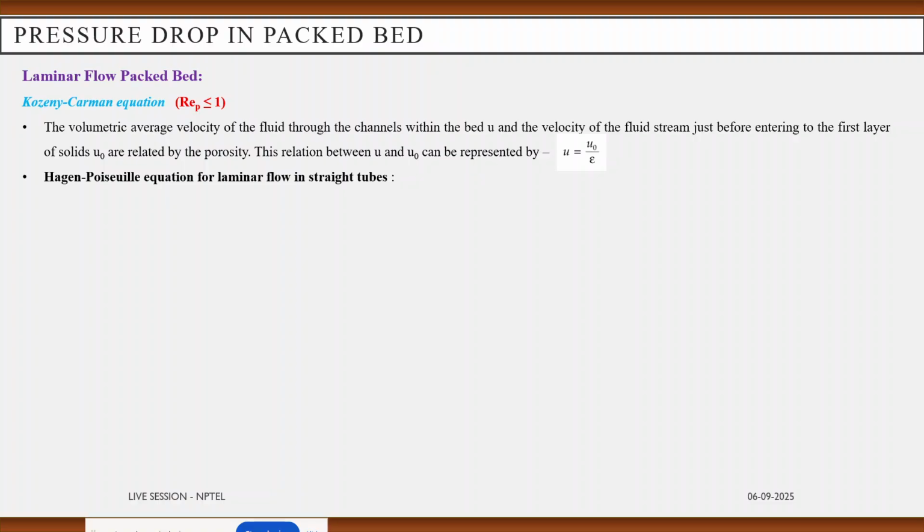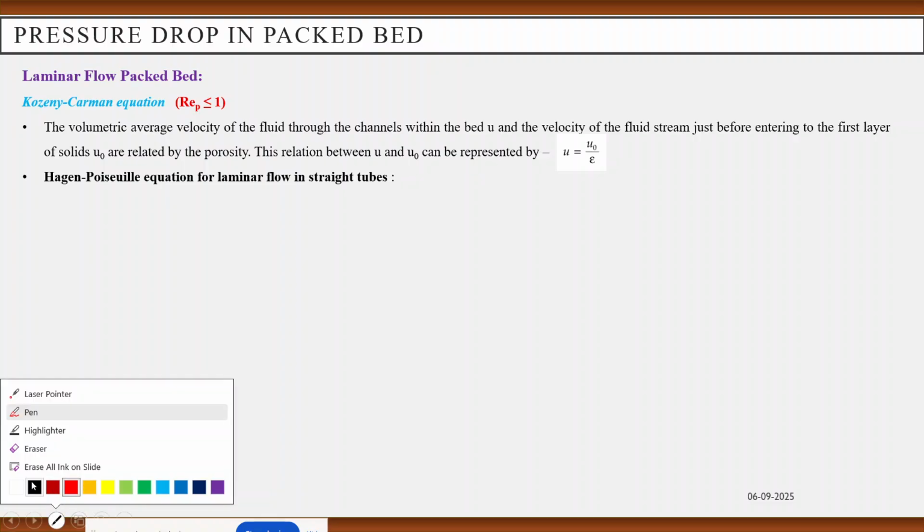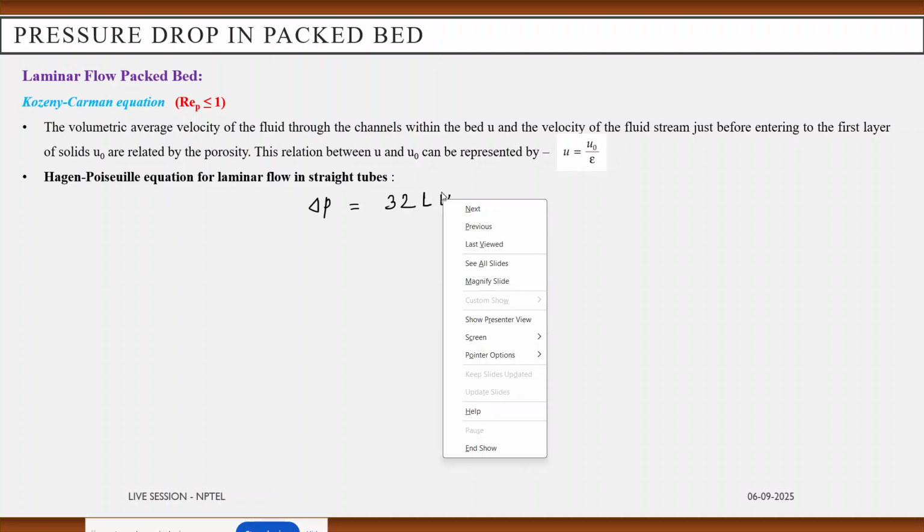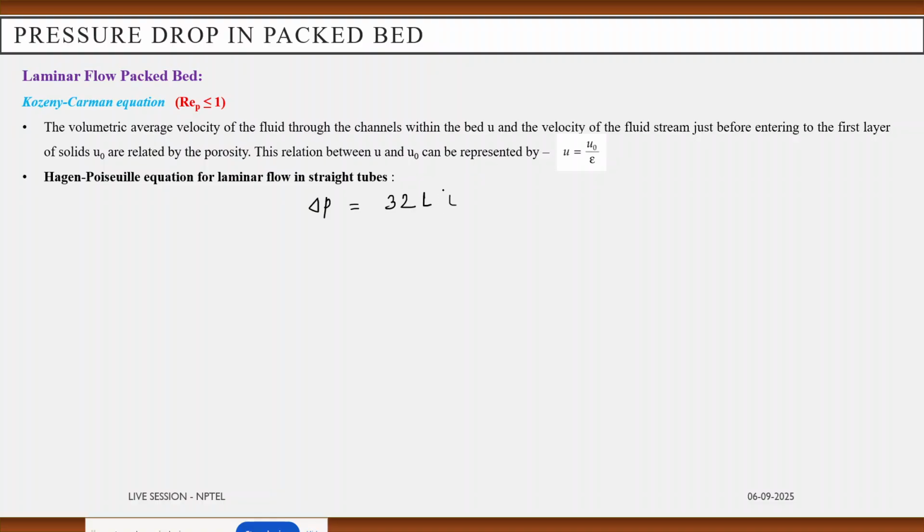When there is laminar flow in a straight tube, we generally represent the pressure drop in the straight tube by this equation: del P equals 32 L U mu by d square.